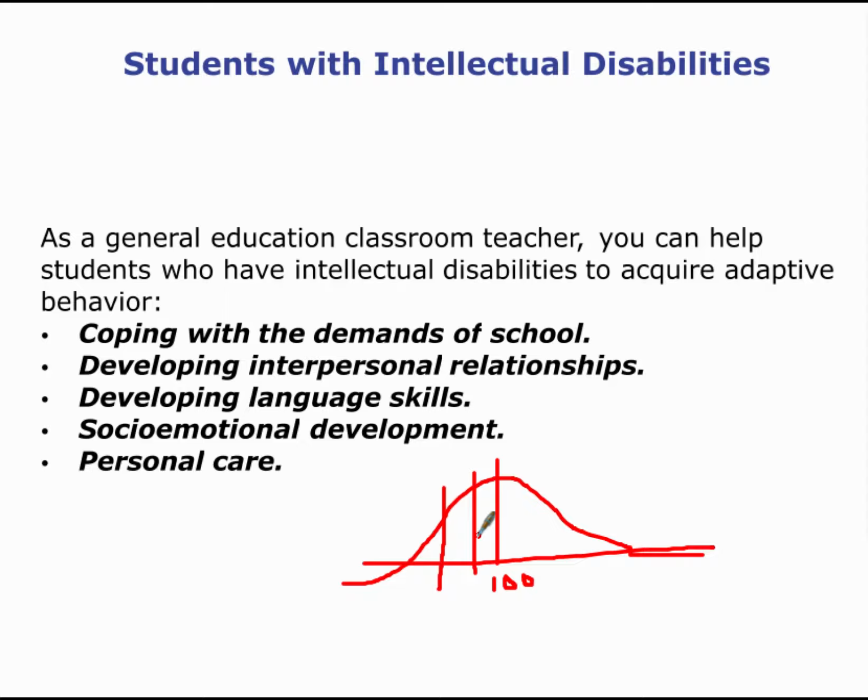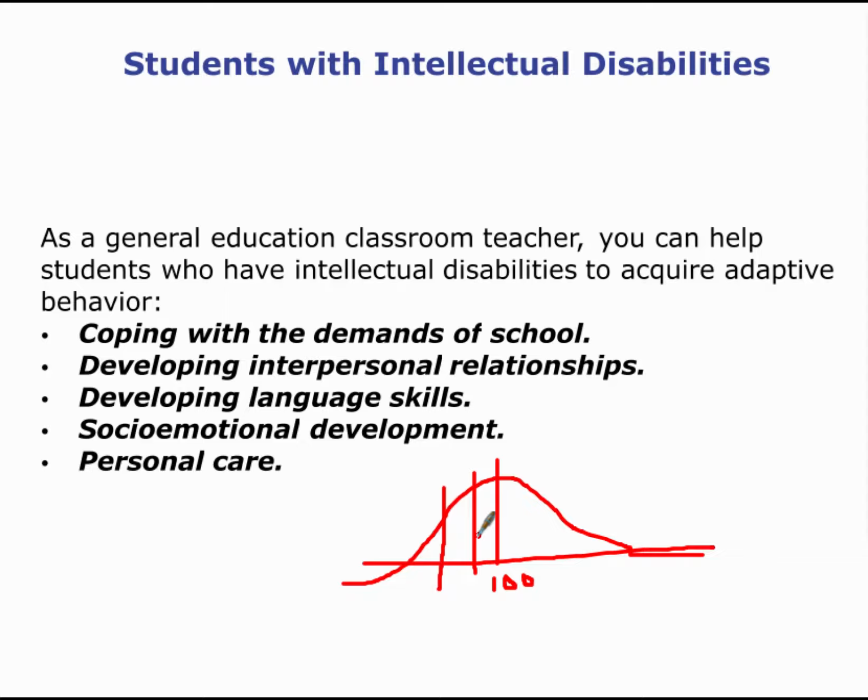And when we get to the next couple chapters, you're actually going to see that about 98% of the population falls within 2 standard deviations either above or below the mean. So if you have an IQ of 70 or below, you are 2 standard deviations below the mean.